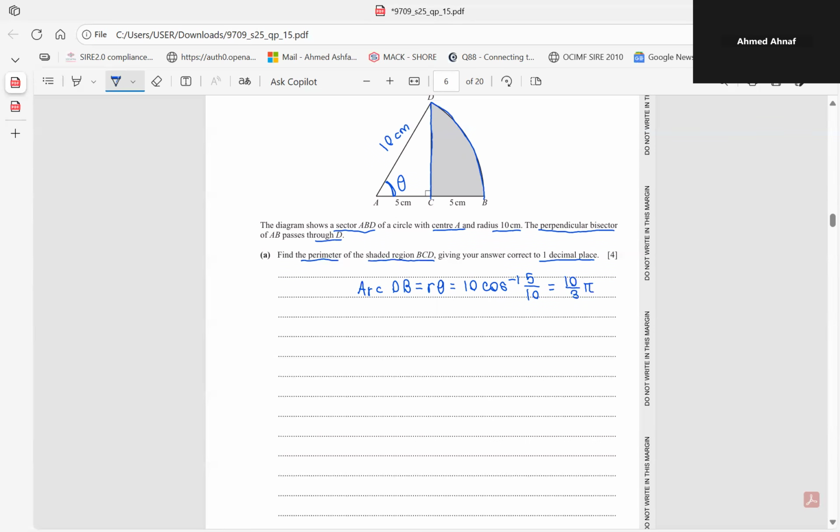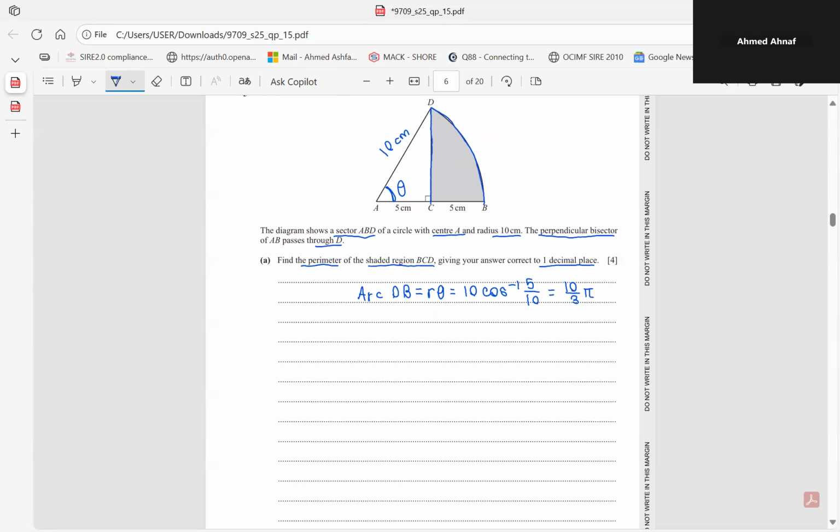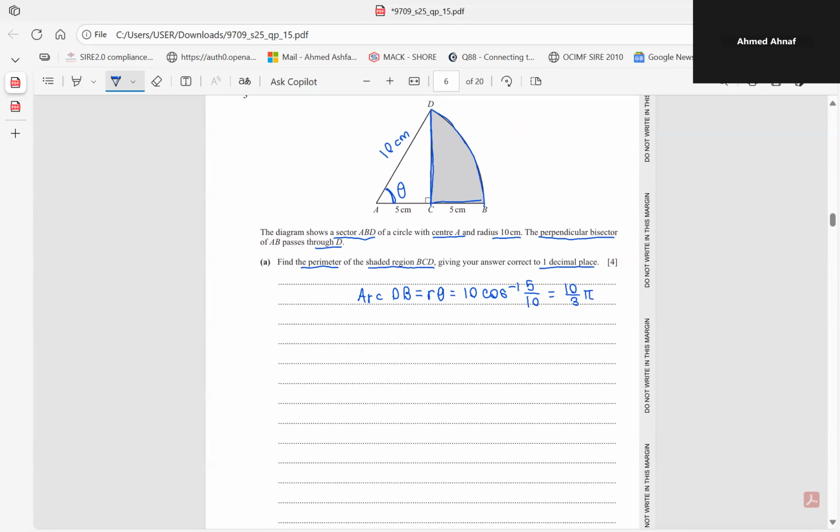Okay, so anyway, we know CB, so now we have to find the length of DC. And as you can see, there's a right angle triangle in here, so we can use Pythagoras theorem to find DC. So DC squared is just DA squared minus AC squared.